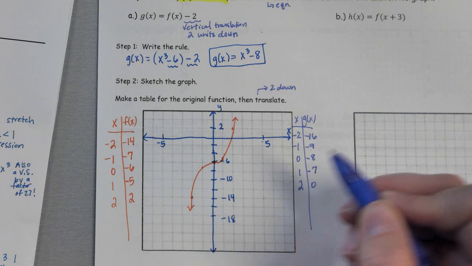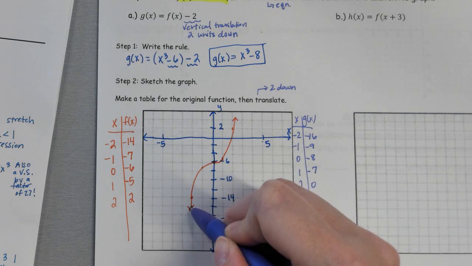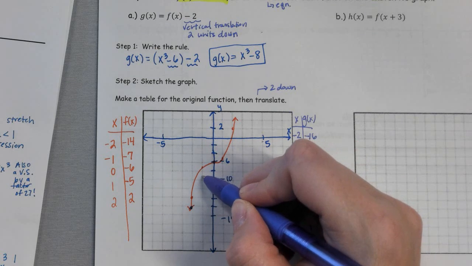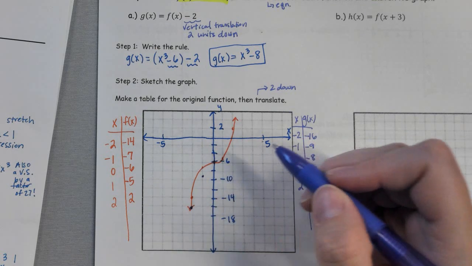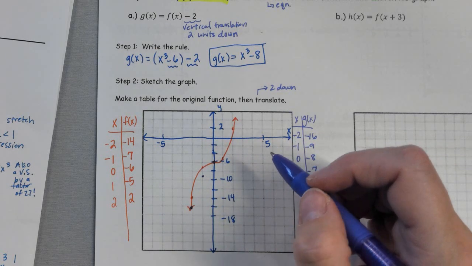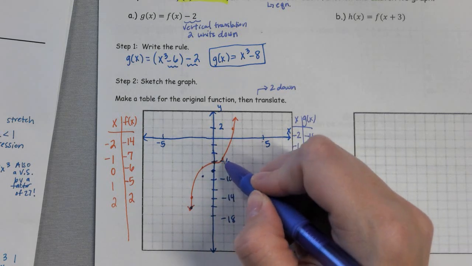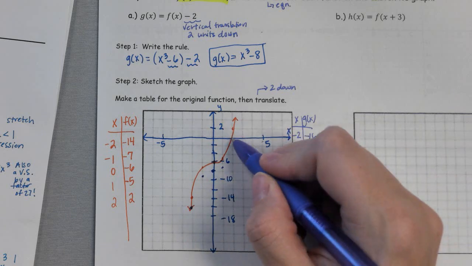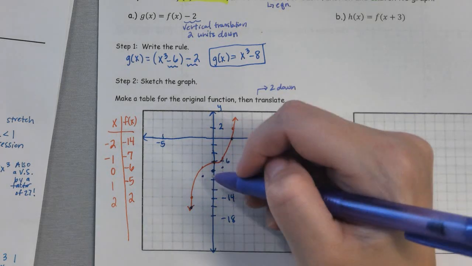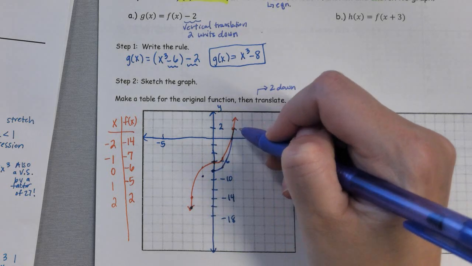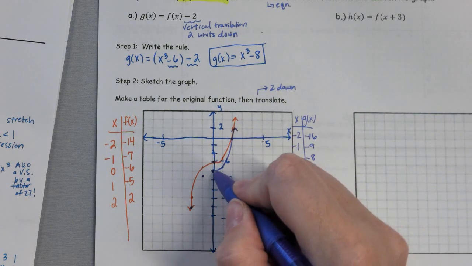So at -2, I'm at -16. At -1, I'm at -9. And remember, I made each unit 2, so I'm just going down 1 unit on my graph. And there you go. And these are going to overlap because these ends are going to overlap each other.